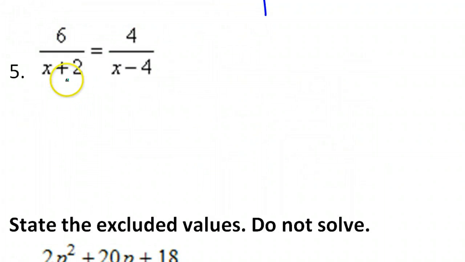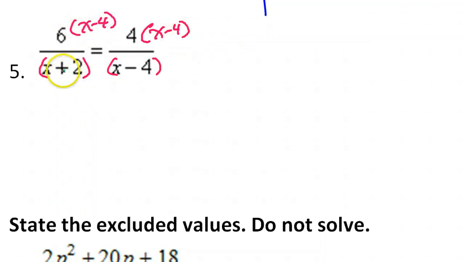Alright, number 5. I could treat this problem the same way as the last one. I need to cancel out the x minus 4 factor, so I'd multiply everything by that. But I also need to cancel out the x plus 2, so I'd multiply everything by that, and then cancel things out.